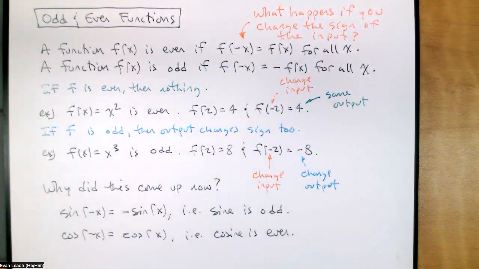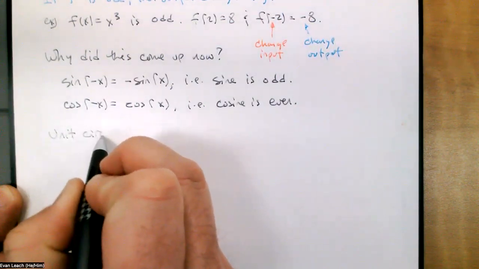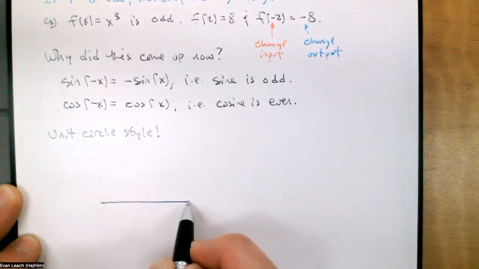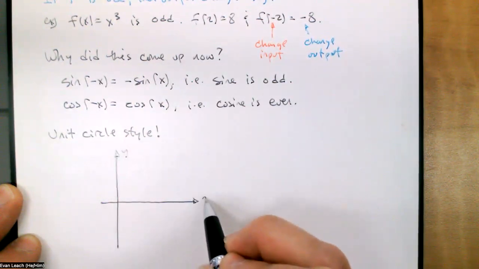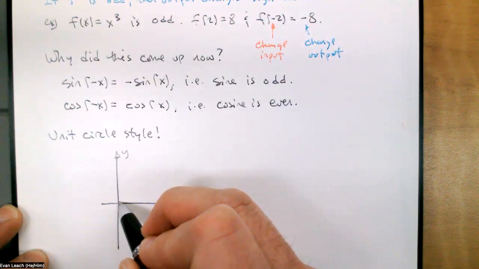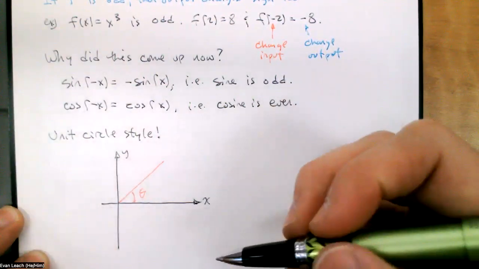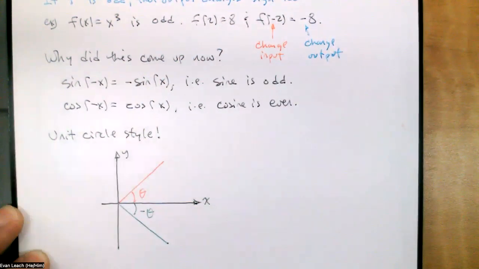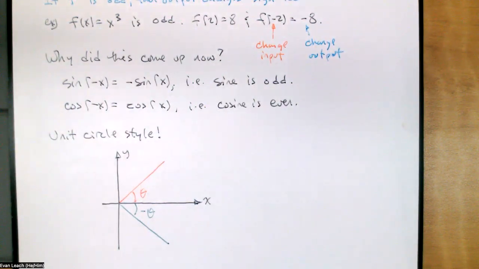If we think about an angle and the opposite of that angle, so if we make an angle, say theta, and the opposite of that angle, negative theta, and we think about the intersection of these thetas at the unit circle.